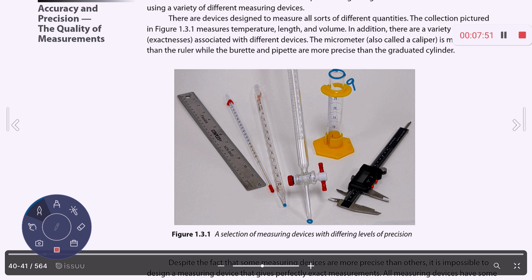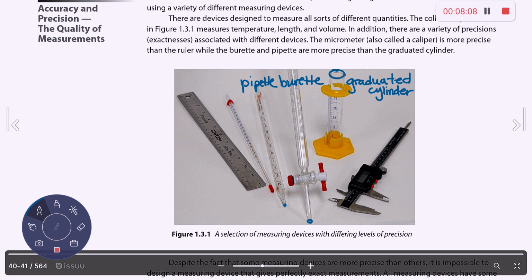So here I've got my graduated cylinder, which has a relatively large opening. And then I've got a burette and a pipette with really small openings, okay? So the smaller the opening, the more precise that measuring device will be. And I'll go over the definition of precision in a second.